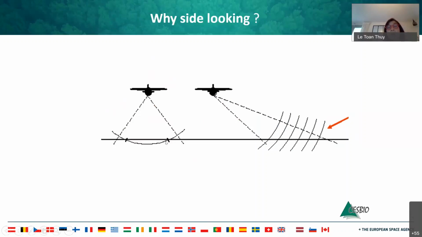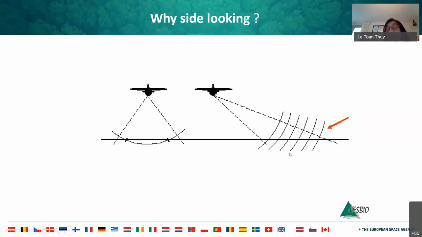And if you want to detect the echo from this one and this one, using the time difference or the range difference, you cannot. They will arrive simultaneously. And if you do the side-looking radar here, the wave will go that way.